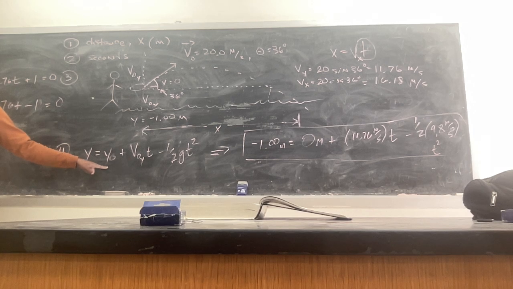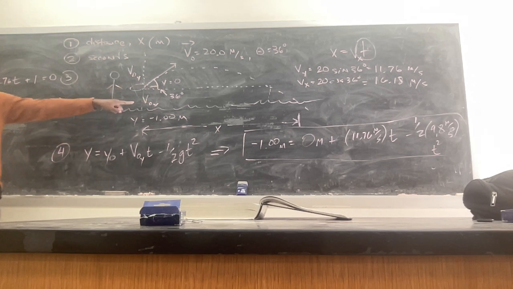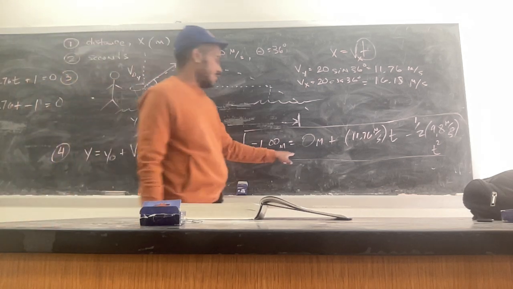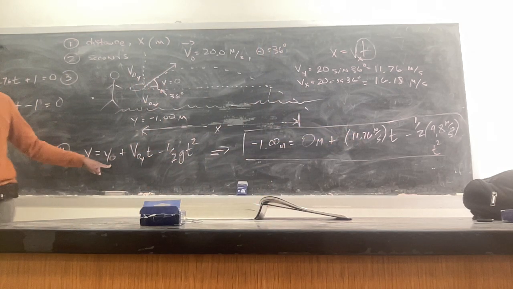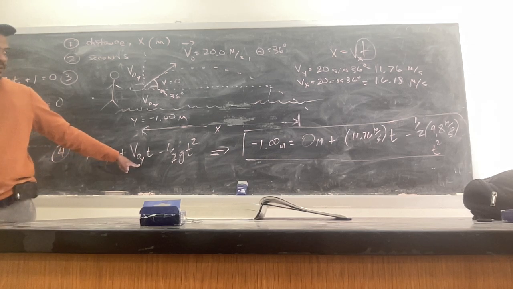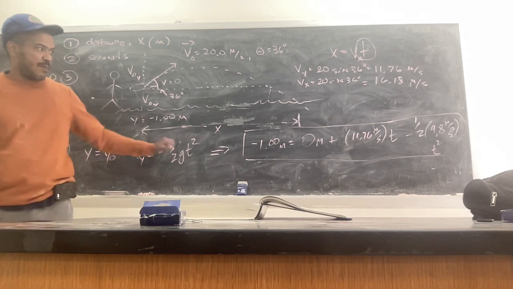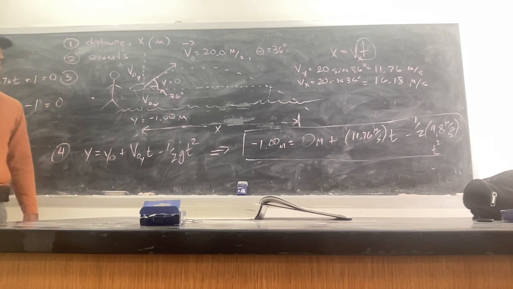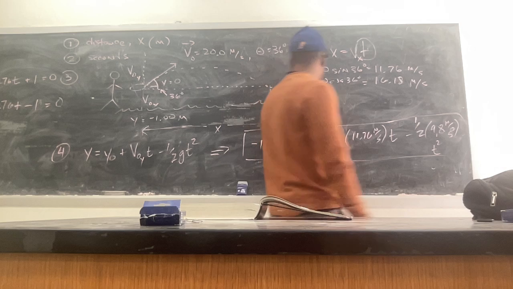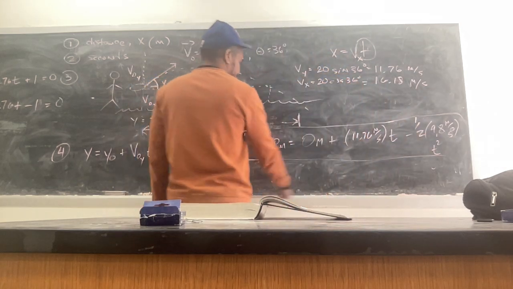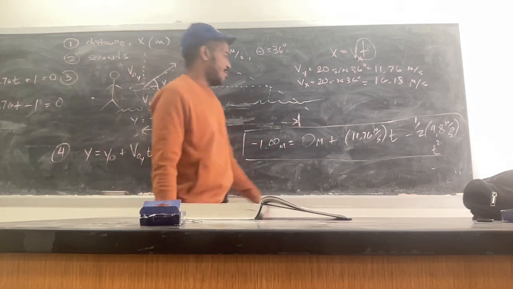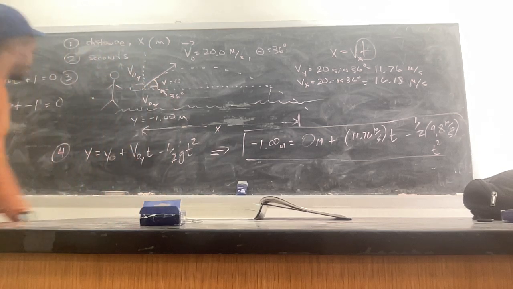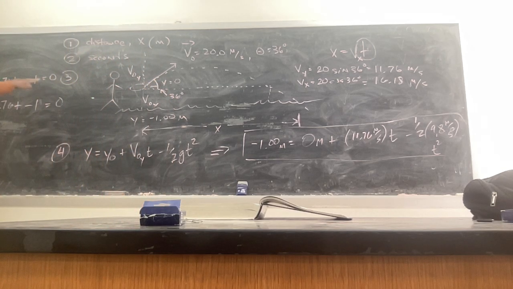We just replace the numbers with our givens from our diagram, and then we made a new equation: y is negative 1, y naught is 0, v o y is 11.76, g is 9.8. Then I brought the 1 to this side, so that makes this positive, negative 4.9, 11.76, plus 1.